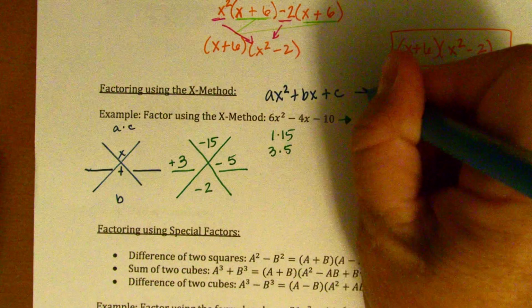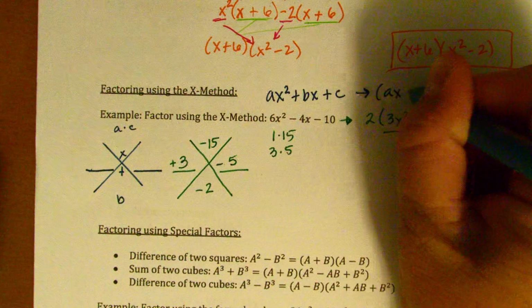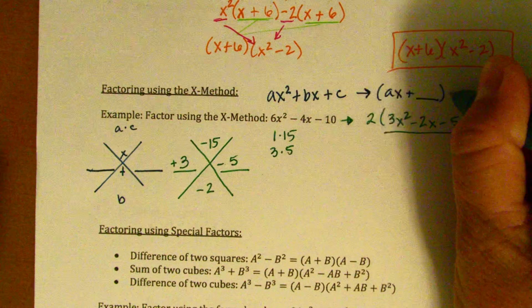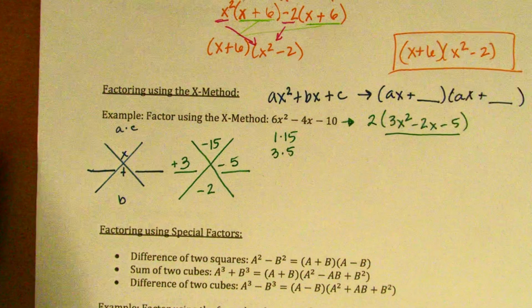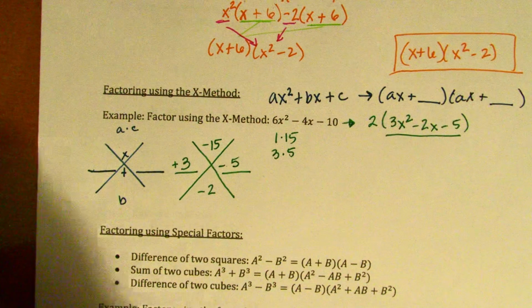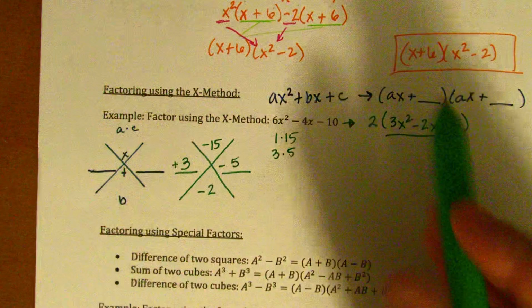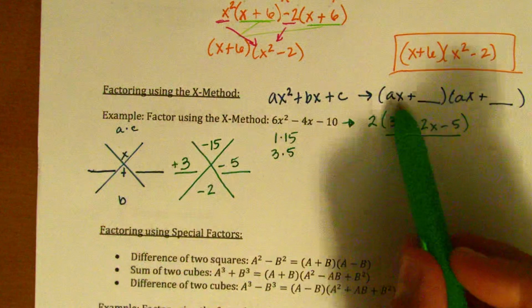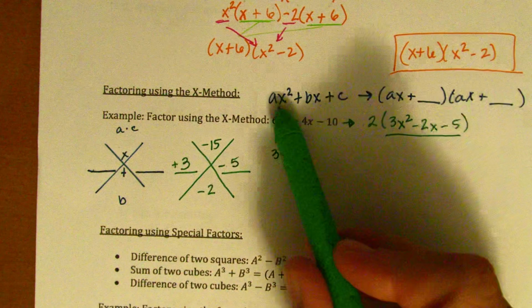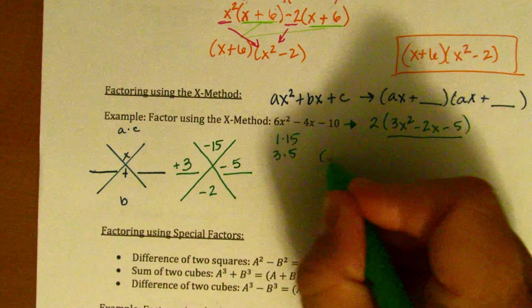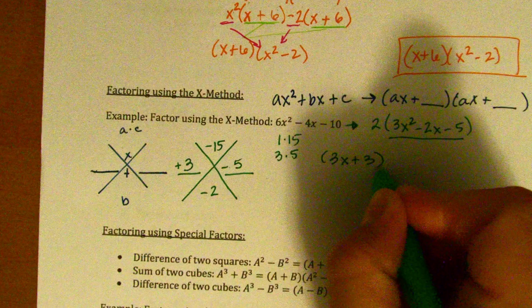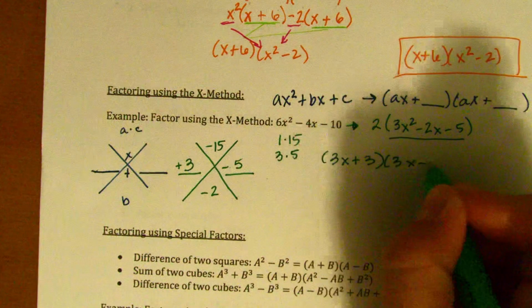So this is going to go to ax plus those two values, ax plus those values. At first you're going to think there's too many a's in here, because right now if I multiply these out, I would have a squared, not just a. So my a value is 3: 3x plus 3 and 3x minus 5.